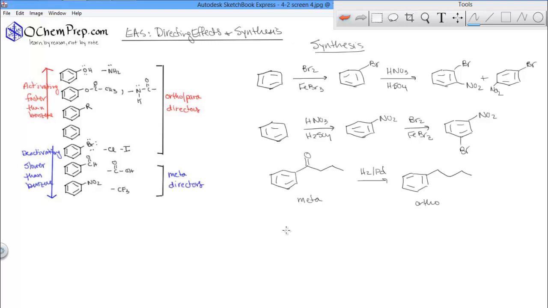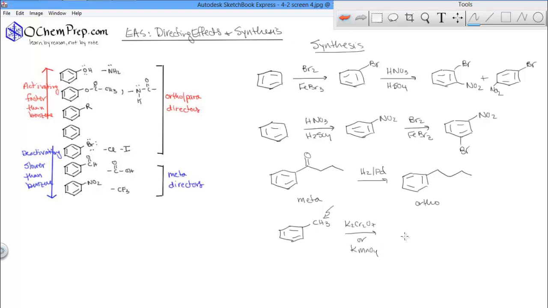There's one other reaction we need to know. If I want to make a carboxylic acid, one way of doing that is taking an alkyl group. Any alkyl group that has a benzylic H can be oxidized with either dichromate or potassium permanganate.